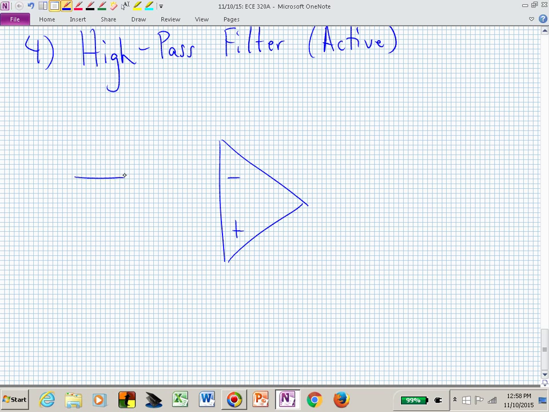Suppose that I now have, going into the inverting terminal, let me call this R sub F, and this, let's say, is R sub 2. And let's now take that to ground.